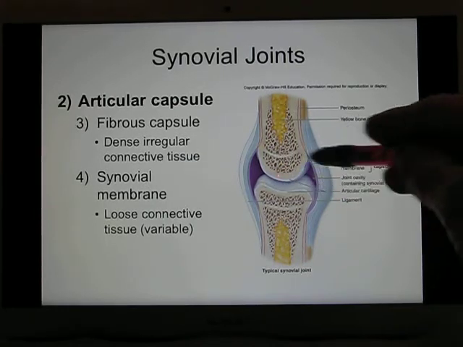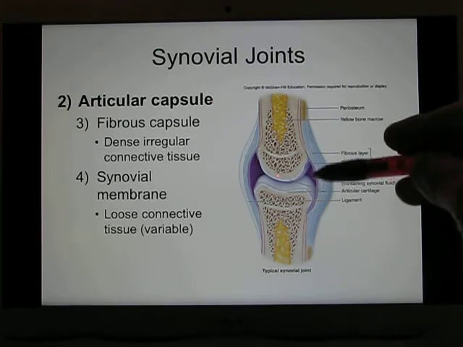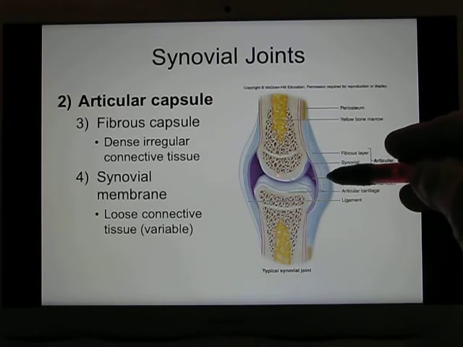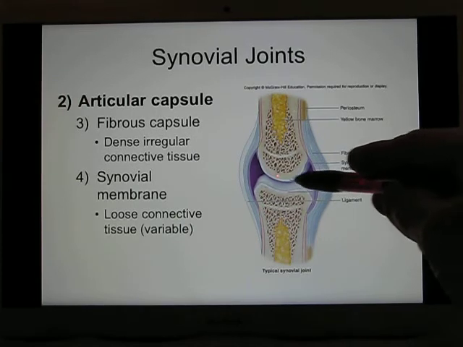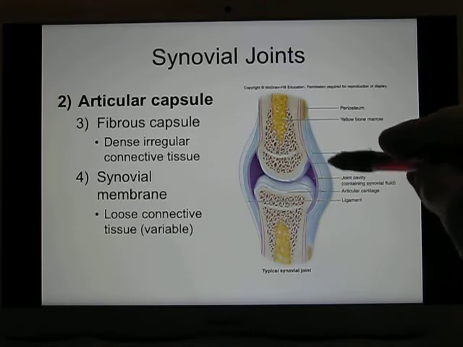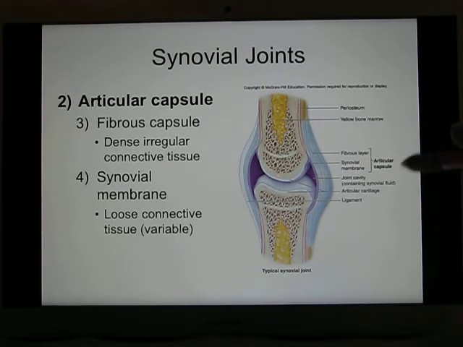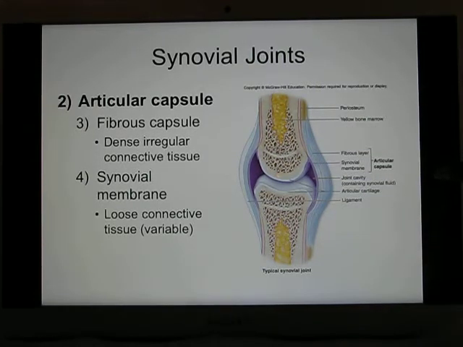I call it the duct tape. Inside those capsules you put a not very strong layer called synovial membrane. The synovial membrane's main function is to produce synovial fluid. And outside you put a strong duct tape called the fibrous layer, and together called the articular capsule. These are the duct tape, cover the joint.